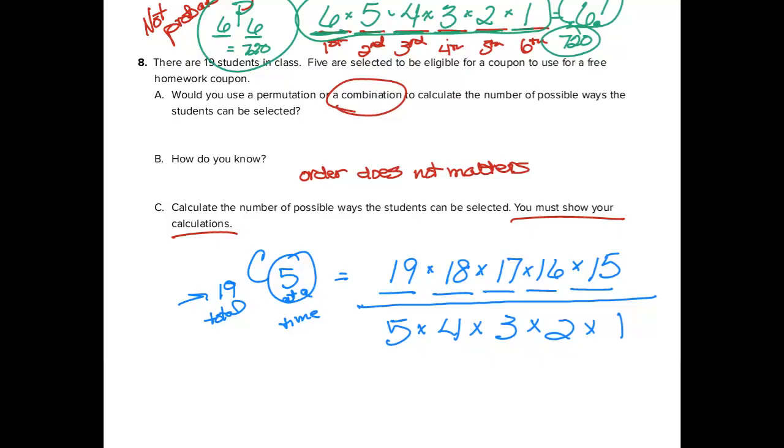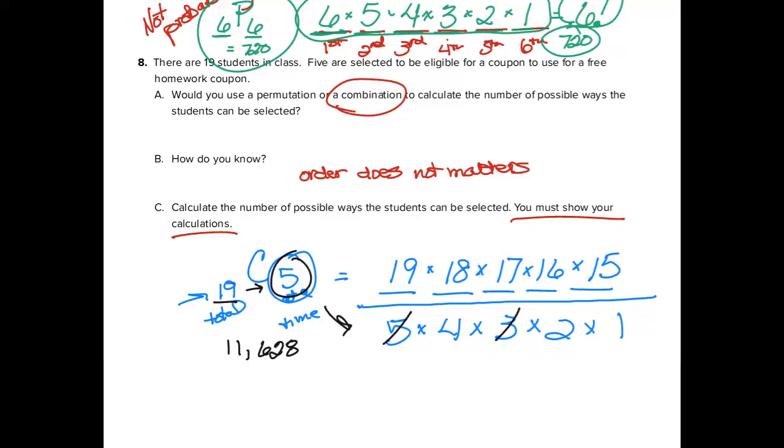So, that's a lot of calculations here. First of all, I'm going to check according to the combination formula. So I put in 19 first, and then find my combination 5 at a time. And for this answer over here, I got 11,628. Now, if I show the calculations, that means I start with 19 and do 5 spaces, okay? And then divide it by whatever number this is, factorial.